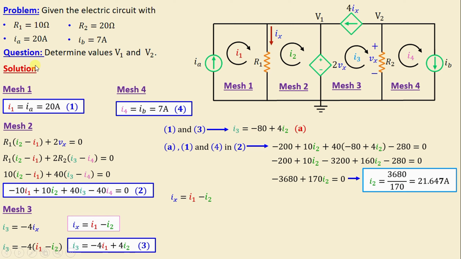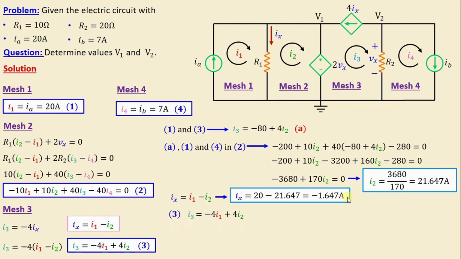And we know that Ix is equal to I1 minus I2. I1 is equal to IA, which is 20 amps, and I2 is equal to 21.647 amps. Then we obtain Ix is equal to negative 1.647 amps.